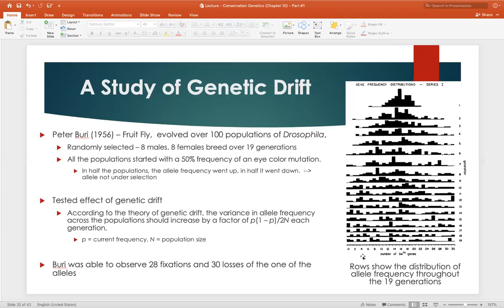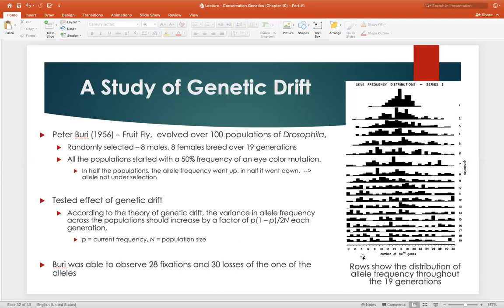Now, in this particular study, he focused on eye color mutation as this is one of the tried and true things to observe in Drosophila, particularly when we're looking at the correlation with genetics, because there's a strong relationship between them and different alleles. In this particular experiment, he observed 16 individuals over the course of 19 different generations.